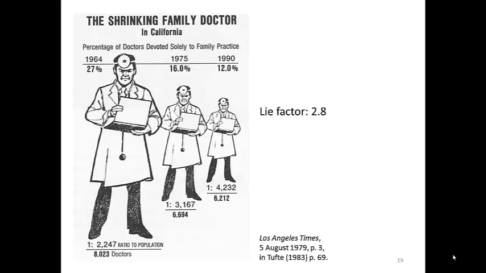The size of the doctor is supposed to represent the changing percentage, but it does not change in proportion to the actual change in the data. So you divide the effect shown by the actual change, and you get a lie factor of 2.8. That's a whopping great lie. That's what Tufte suggests. So be aware that your work might be open to this sort of critique.